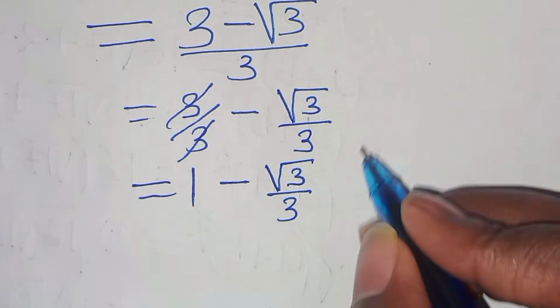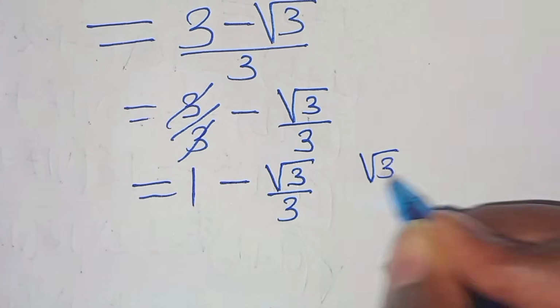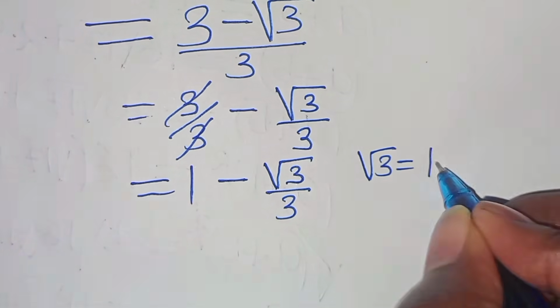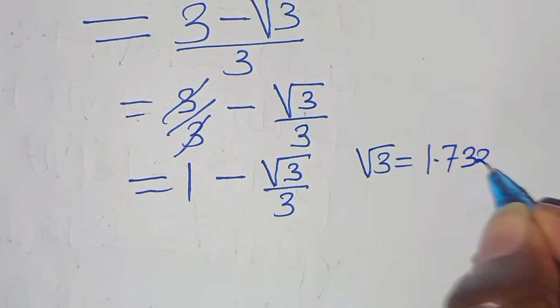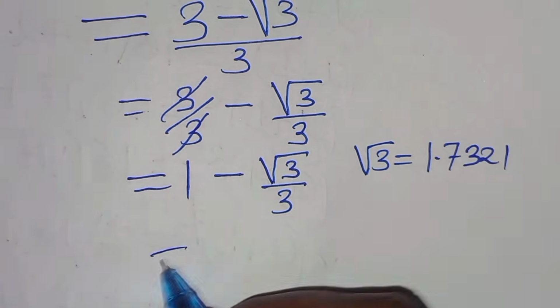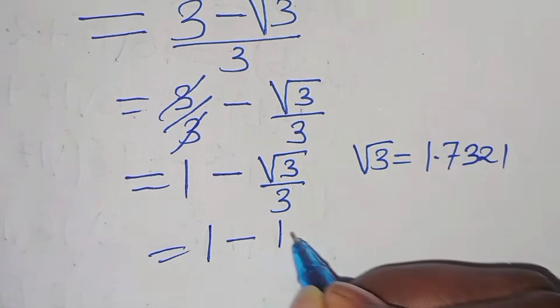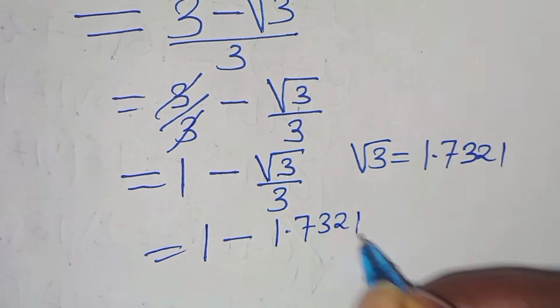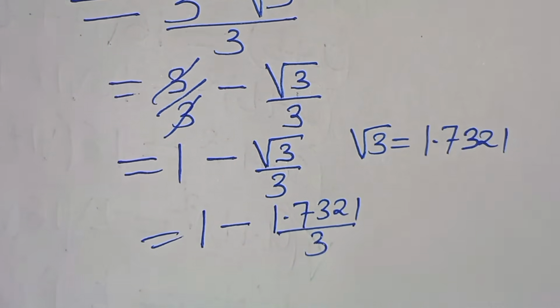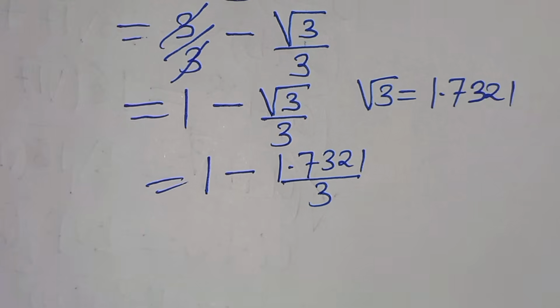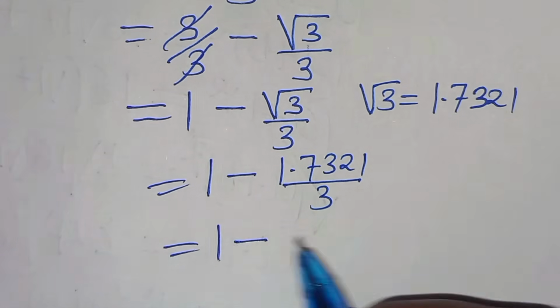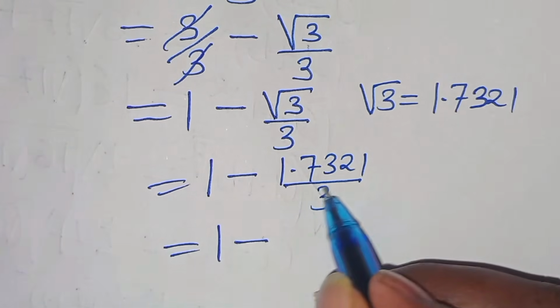So square root of 3 is the same thing as 1.7321. So we have here 1 minus 1.7321 divided by 3.